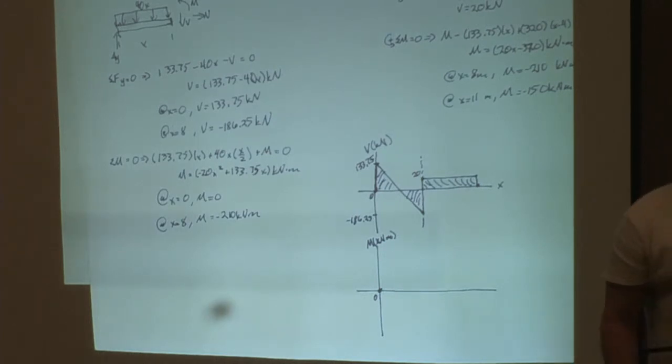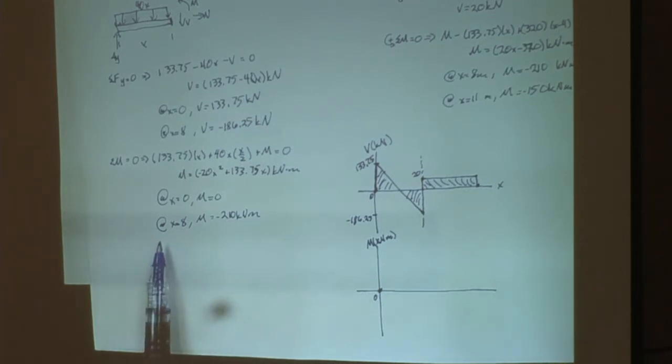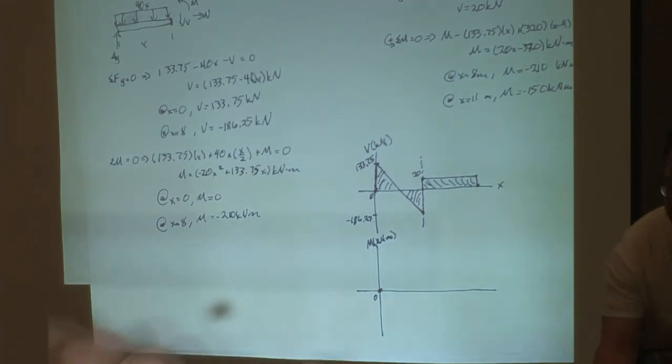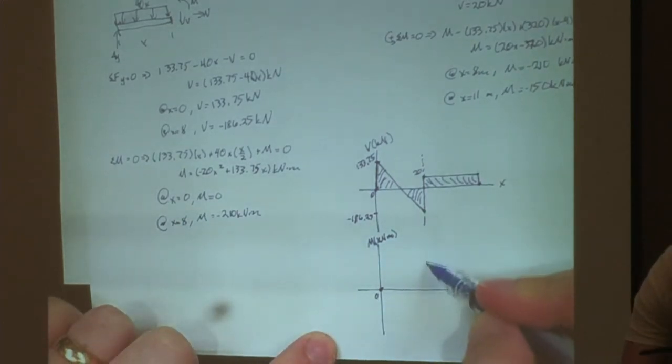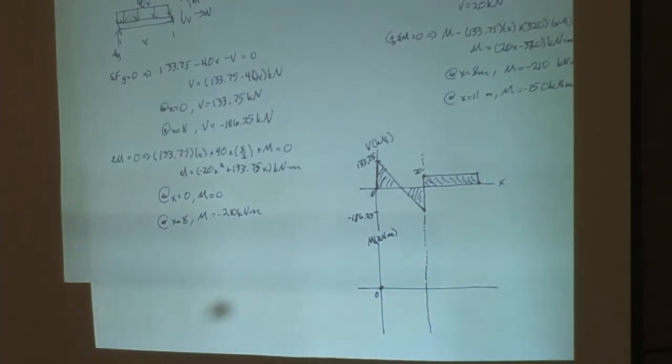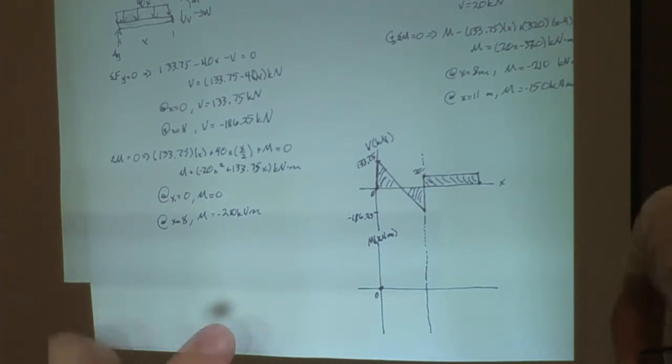Just by looking at the equation, you already know the generic shape of it. And then we also know where it ends, right? At negative 210. And that happens right at the same spot as our shear. So if you draw your shear and moment diagrams vertical of each other, you can just pretty much translate what you see to shear and moment at the same time.